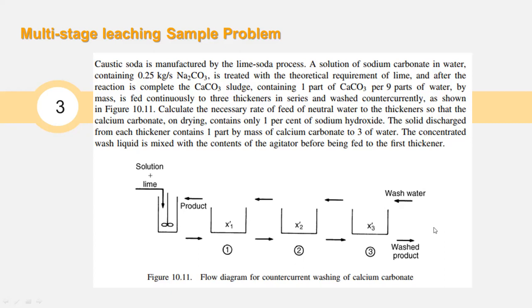So last meeting, we made use of that 1% of sodium hydroxide and the overall material balance based on sodium hydroxide to determine the value of x sub 3 prime. And the value of that x sub 3 prime was already given in our previous recording to be 0.00337.